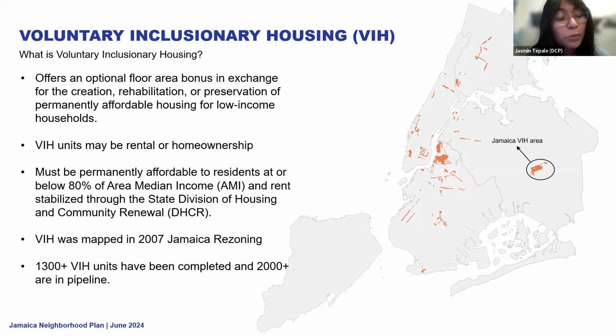But essentially what we're saying is that through the Jamaica Neighborhood Plan, instead of having a voluntary program for affordable housing, if we get to use the tool of MIH, we get to essentially mandate affordable housing in every new development instead of it being a voluntary program. Next slide.